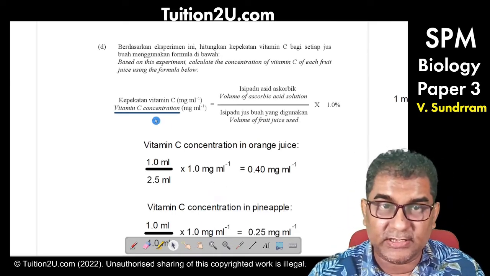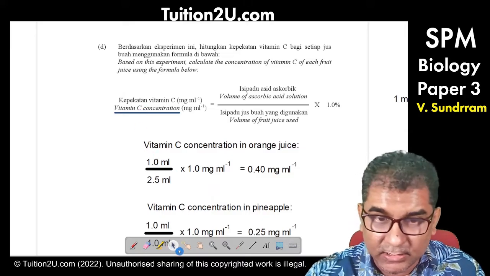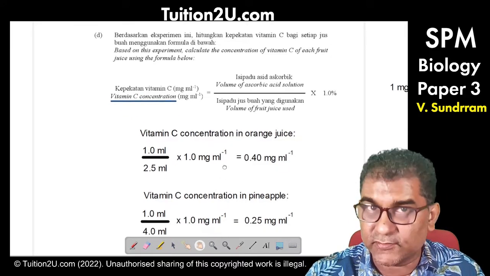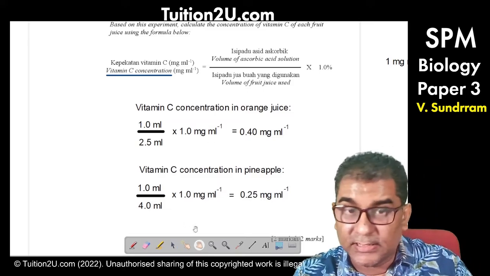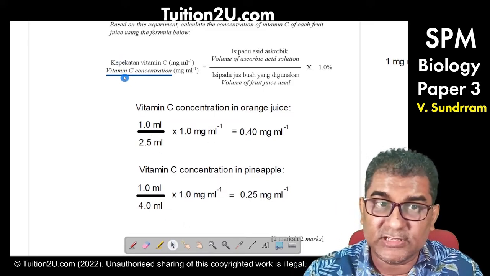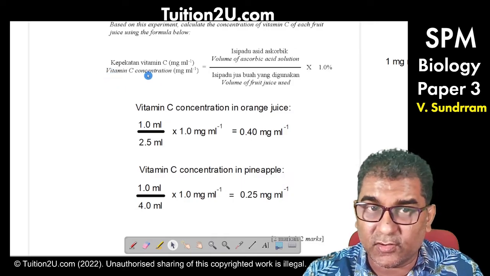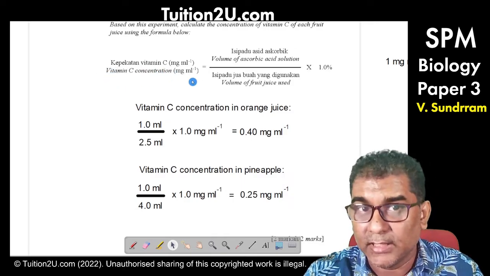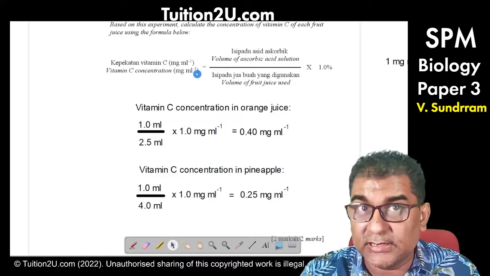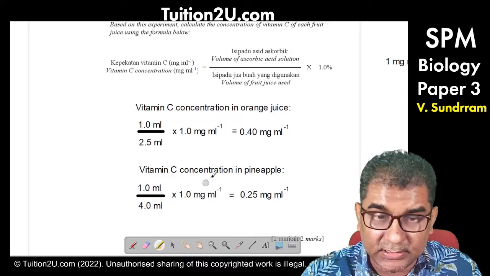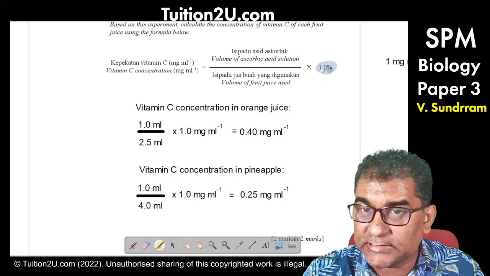Next question is calculation. If you are doing the calculation, as for me, I will make sure that the formula is already given, but there is a mistake in the formula, which is they are asking for concentration. They already give us the value, milligram milliliter -1. But in here they wrote 1%.